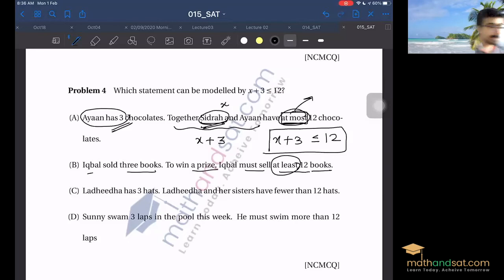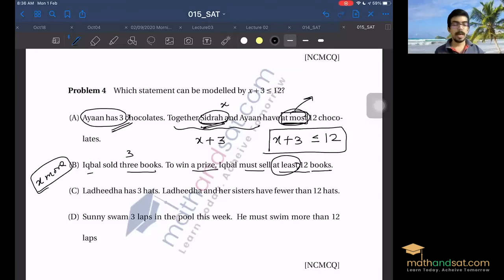So I have already sold 3 books. Further, suppose I'm going to sell X more books. To win a prize, the total number of books that I sell should be at least 12.